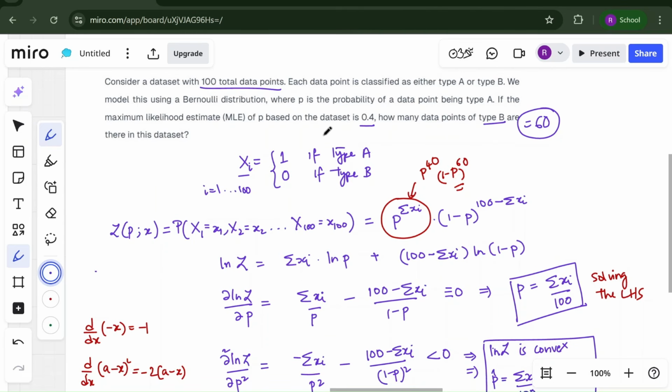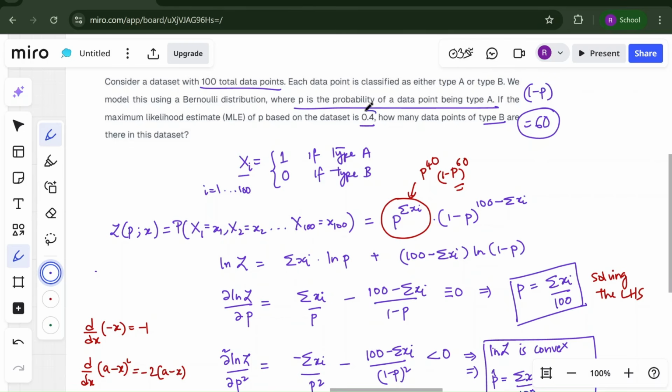Yes, okay, right. p is the probability of a data point being type A. But my question is, how do you know that?